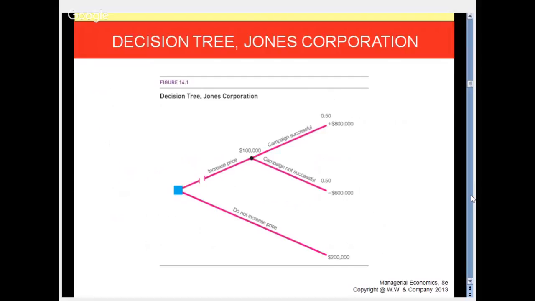We just have to assign probability to different occurrences. In this case, if we increase price, there's a 50% chance that we'll have $800,000 in profit, and a 50% chance that we'll lose $600,000 in profit. And of course, if we don't increase price, we get $200,000. That's a simple decision tree.